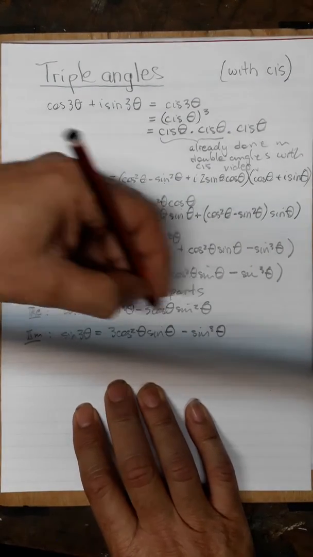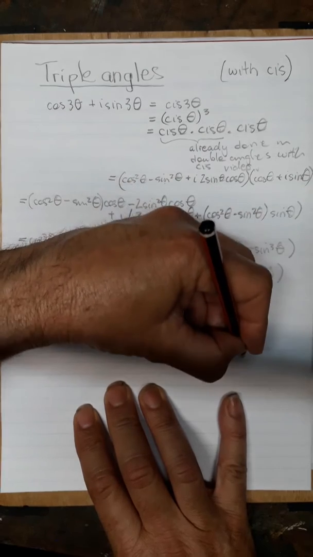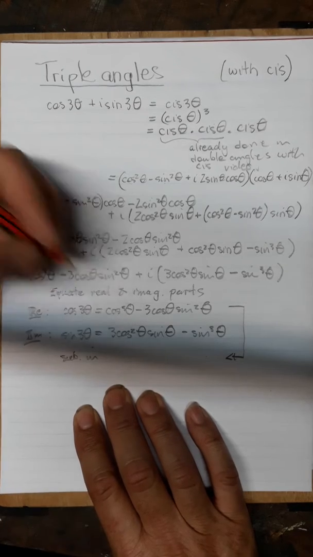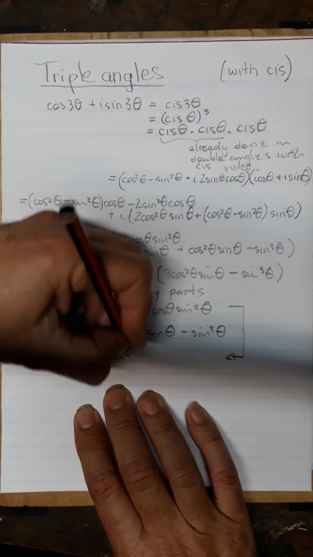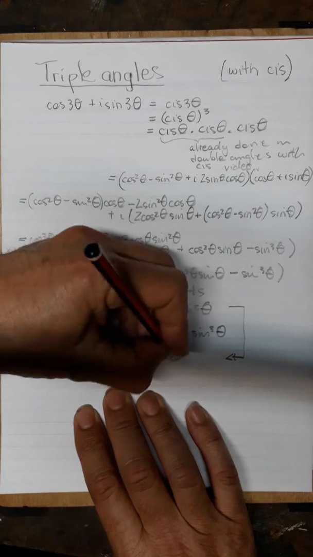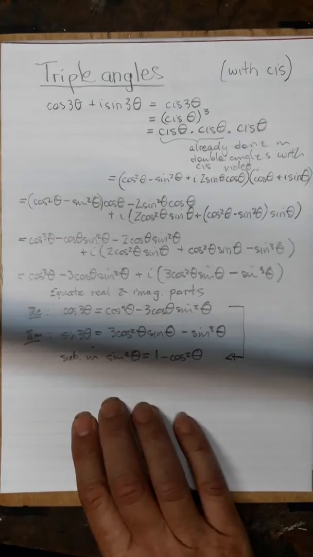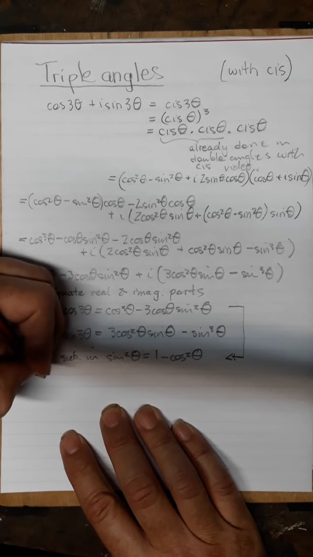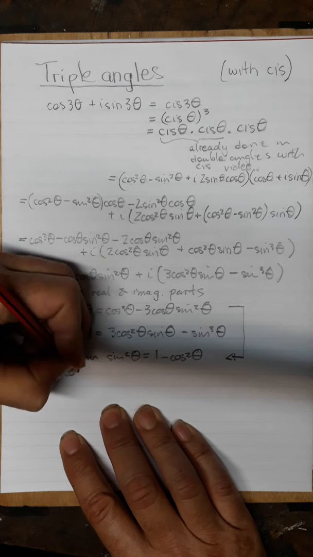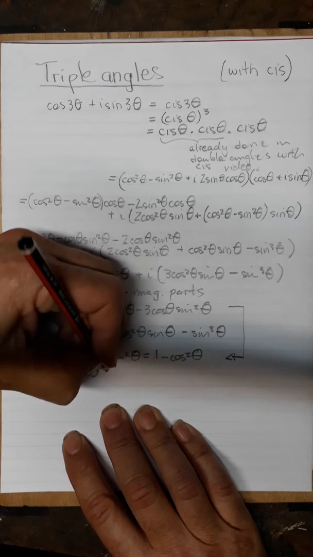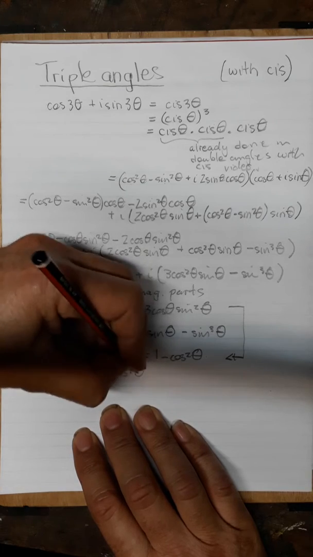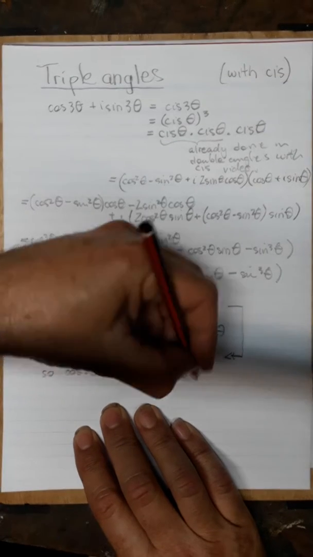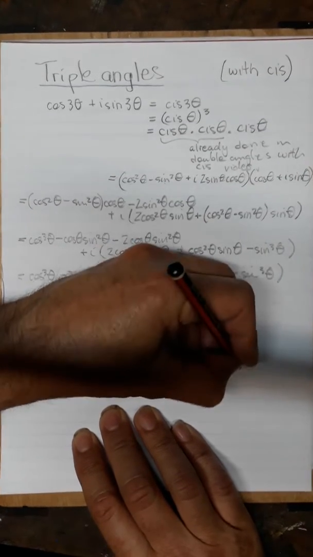We'll begin with this in here, and we'll sub in sine squared theta equals 1 minus cos squared theta. So what do we end up with? Cos 3 theta equals cos cubed theta minus 3 cos theta times 1 take cos squared theta.